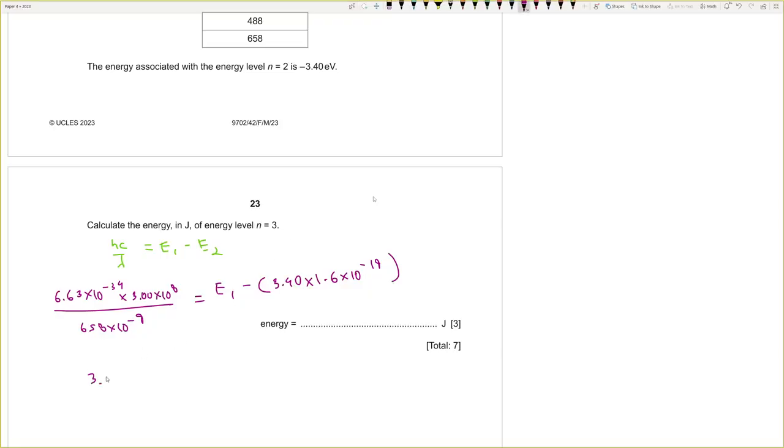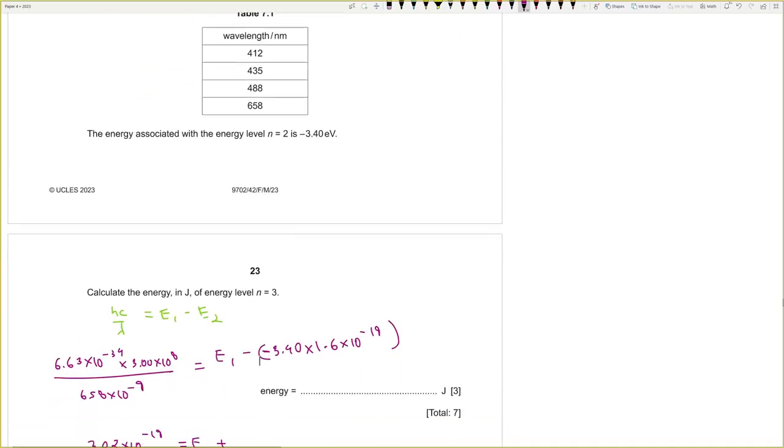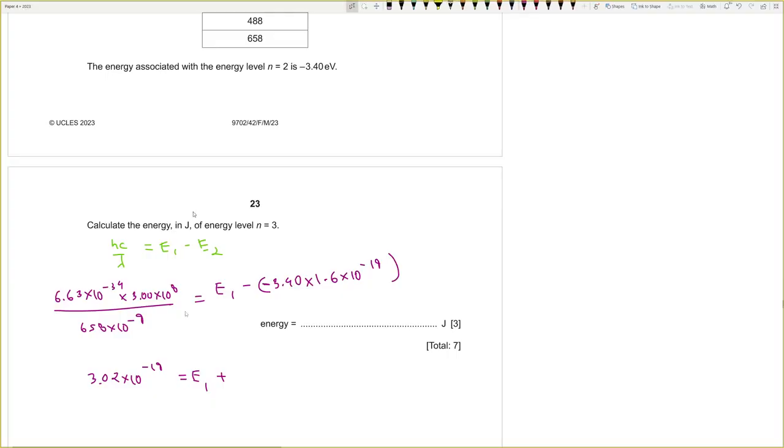This gives you a value of 3.02 times 10 to the power minus 19 is equal to E1 plus, sorry, there was a minus sign here. Minus minus gives you plus because it was inherently negative and this formula has a minus sign. So this turns into 3.4 times 10 to the power minus 19 times 1.6, which is 5.44 times 10 to the power minus 19.